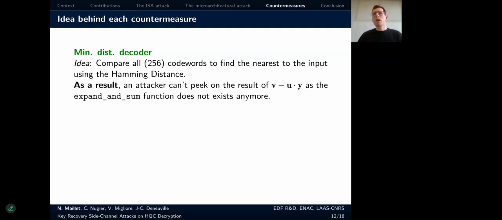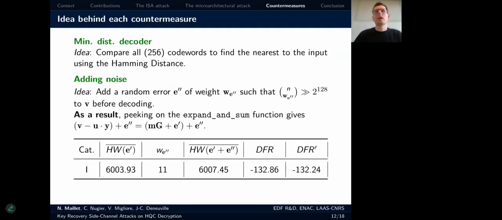Quite easy. Next, another idea we had is the adding noise idea, which is when Alice receives the ciphertext, Alice samples and adds some random noise, some random error. The idea is that if an attacker picks on the exponent sum as we are doing now, he won't get the v minus uy value, he will get v minus uy plus some error.